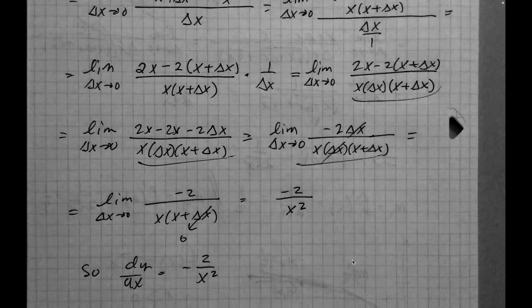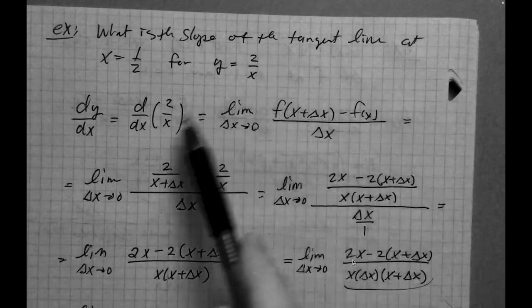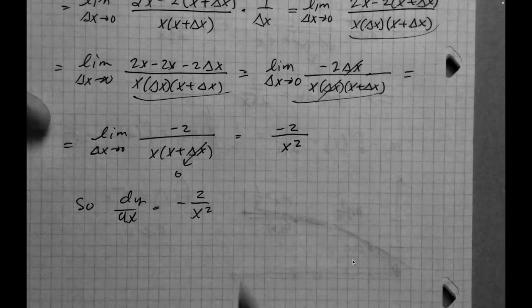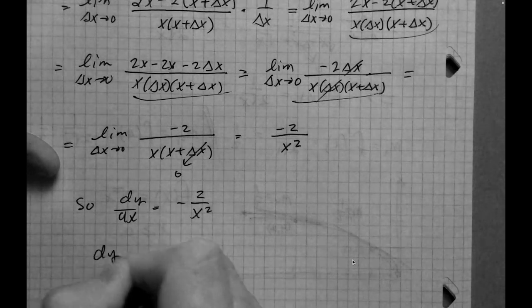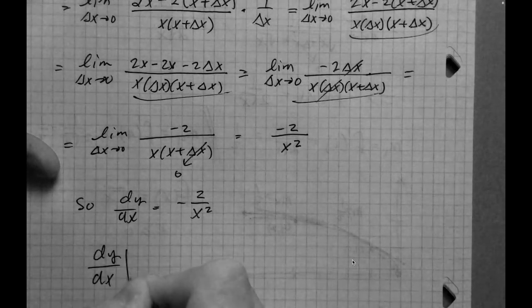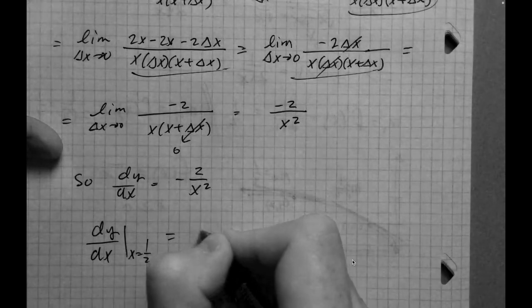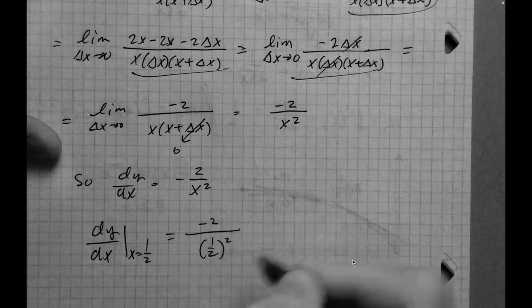Remember, our initial ask was to identify the slope of the tangent line at x equals 1/2. We now have the derivative function, and we can just evaluate it at x equals 1/2. So it's equal to negative 2 divided by 1/2 squared.